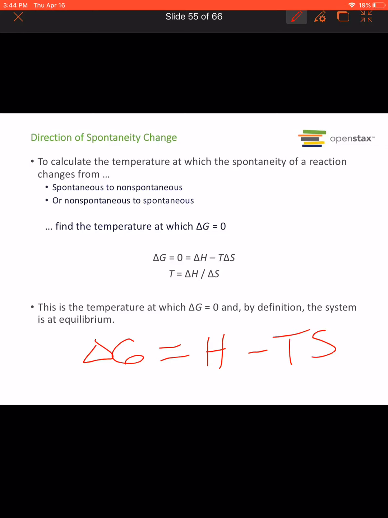In order to figure out at what temperature that reaction is spontaneous or non-spontaneous, you set G to 0 and solve for T. And that's what we have here. So T is equal to delta H divided by delta S. Whatever that temperature is, is the temperature at which that reaction will be spontaneous.